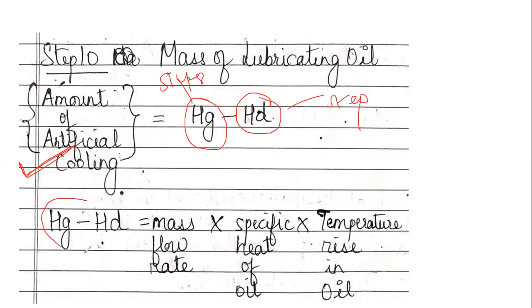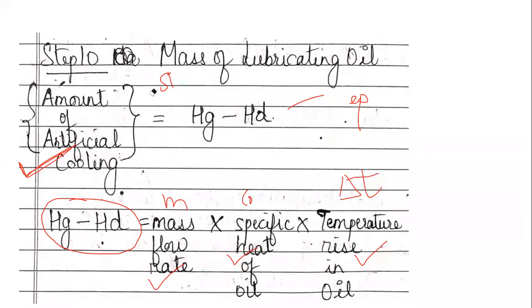So Hg minus Hd is mass flow rate into specific heat of oil into temperature rise in oil, m Cο delta T. This is the formula that you will have to remember.